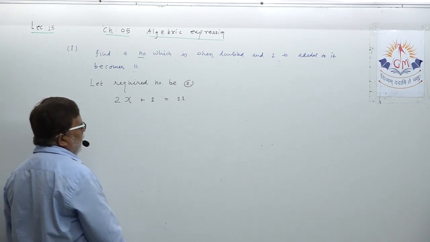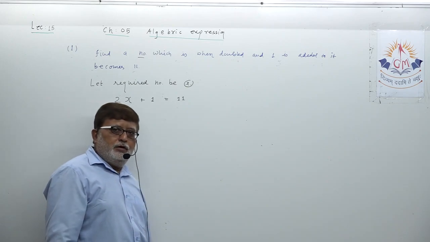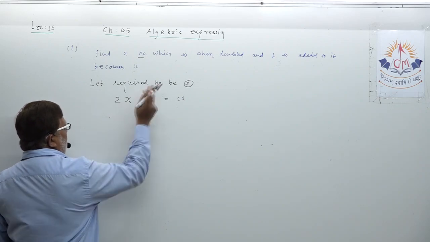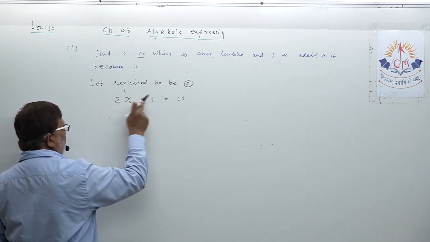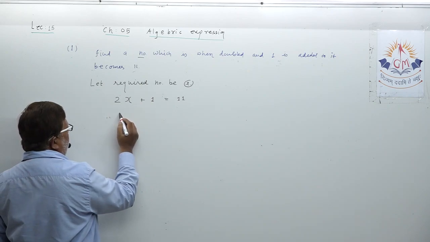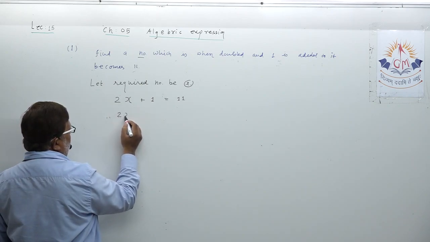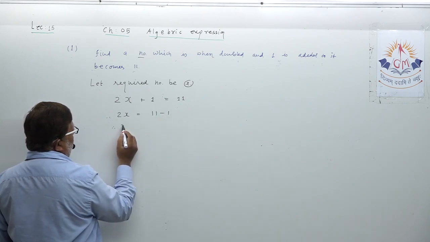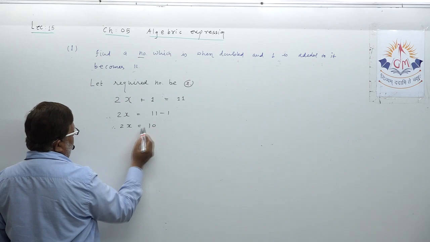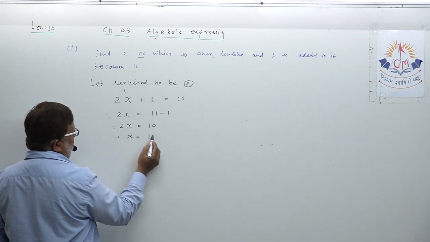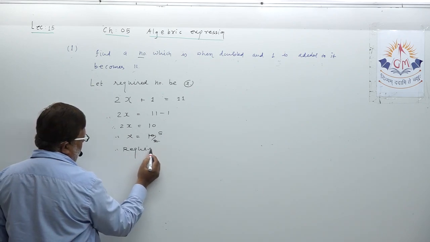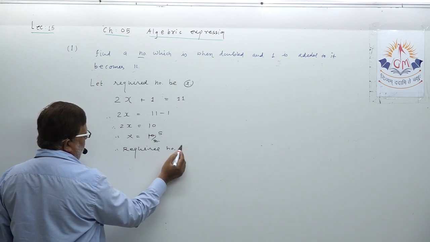Each and every word needs to be concentrated on. Therefore, doubled means 2x, 1 is added means plus 1, equal to 11. Now you know how to solve the linear equation: 2x equals 11 minus 1, 2x equals 10, x equals 10 upon 2, that is 5. So your final answer, dear student, is that the required number is 5.